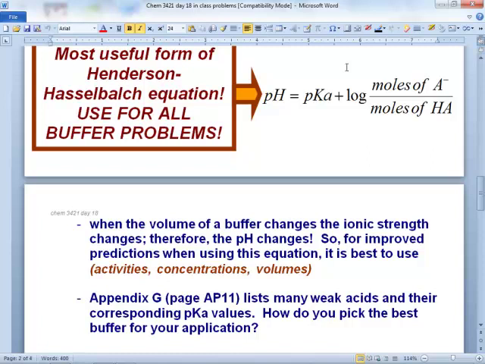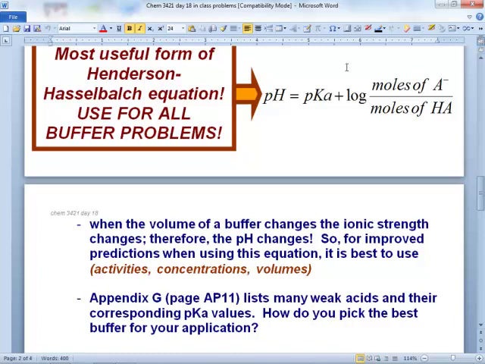You have blood, or whatever, right? You change the volume of it just by adding, who knows, it doesn't have to be solvent, it could be anything. Just change the volume. You're changing the ionic strength, you're changing pH. But the concentration's changed and the volume cancels.